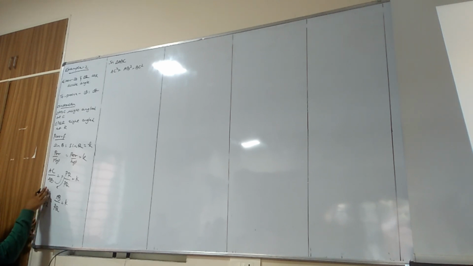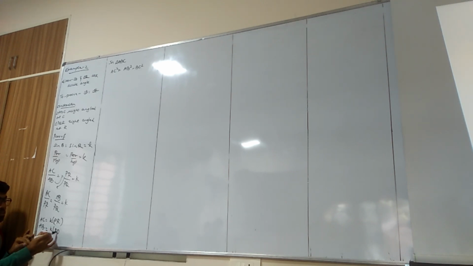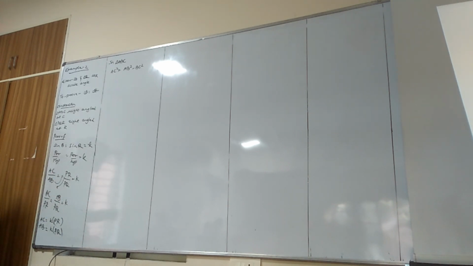I'll take them separately. AC by PR is equal to K, so AC is equal to K times PR. AB is equal to K times PQ. Using these results over here.